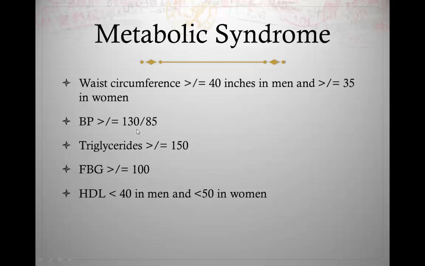It's also characterized by hypertension, even though by the new guideline JNC8, that number is not hypertension anymore, high levels of triglycerides greater than 150, fasting blood glucose levels greater than 100, and in addition, dyslipidemia.